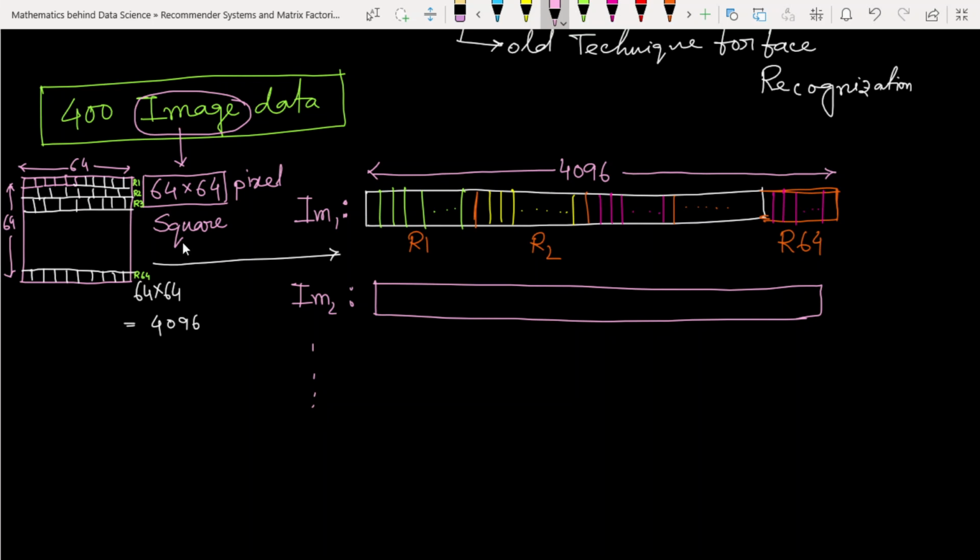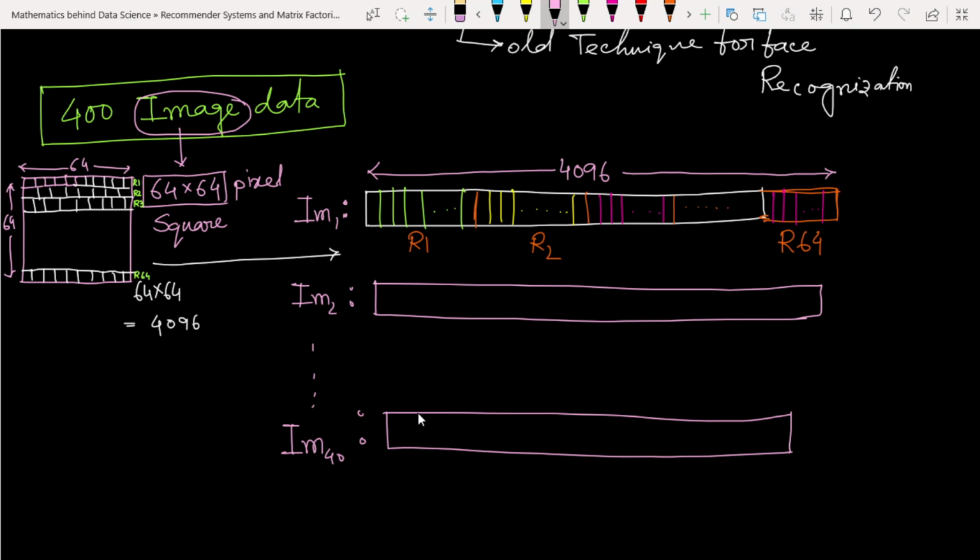Similarly we have 400 images, so for the 400 images we get such cells, looking like this. These are the pixels of the edge.